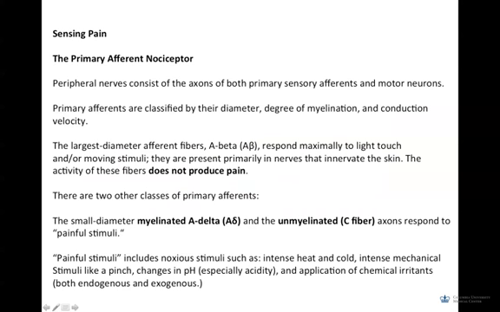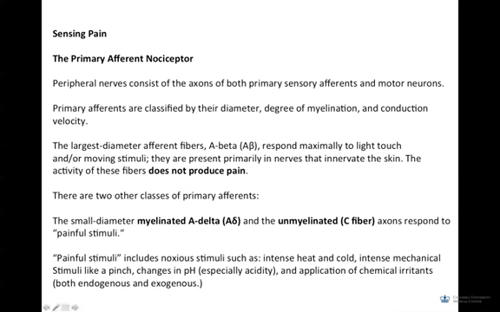And by painful stimulation, I'm referring to things like noxious stimuli, like intense heat or cold, intense mechanical stimuli, like a pinch, changes in pH, especially acidity, application of things like chemical irritants, and we're talking about both endogenous and exogenous chemical irritants.